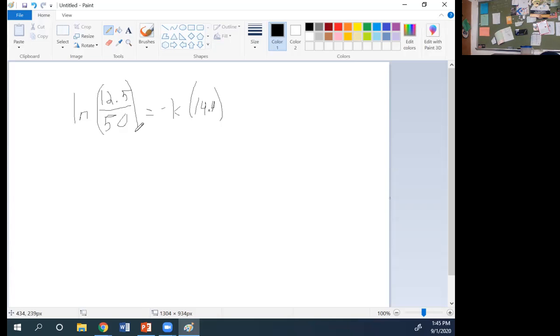So when yours, you would do parentheses 12.5 divided by 50, close parentheses, ln. And that can simplify the left side for you. Okay, then I've got to divide by negative 14.4.